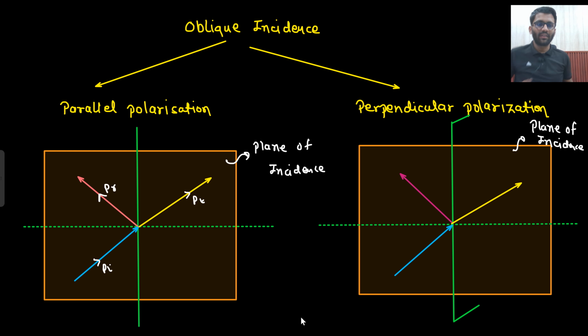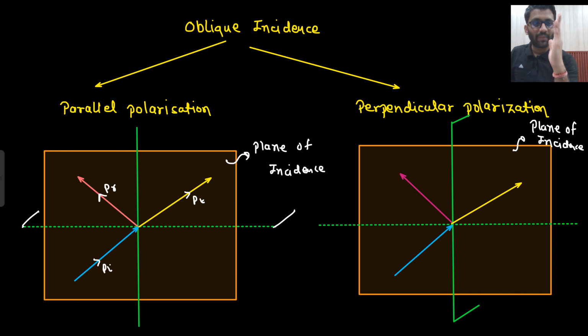Try thinking about it. If I say this is my boundary plane, then what would have happened? The incident wave would come and be reflected in this direction, if this was my boundary plane. But what is happening? The wave is being reflected in the other direction.